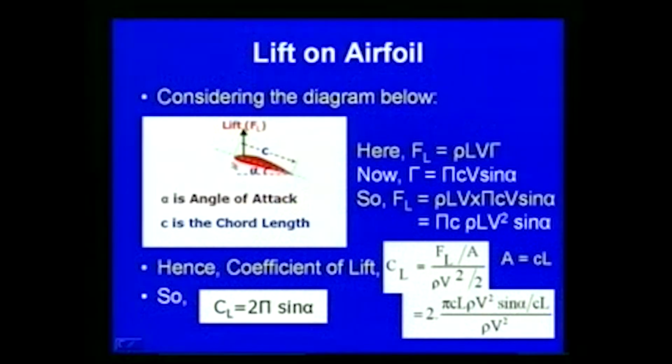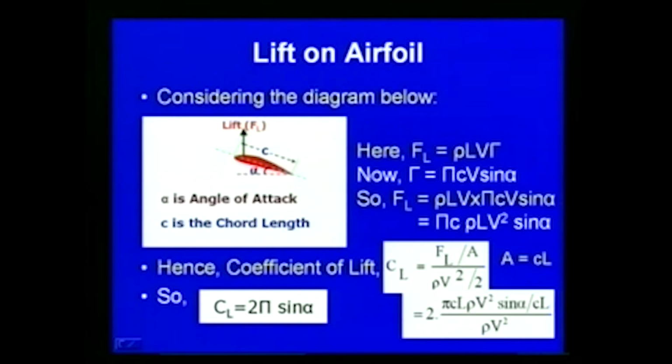So, if you consider an airfoil like this in this slide, you can see that the airfoil is oriented like this. There alpha is the angle of attack, C is the chord length, and you can see that the lift force effect is coming like this.